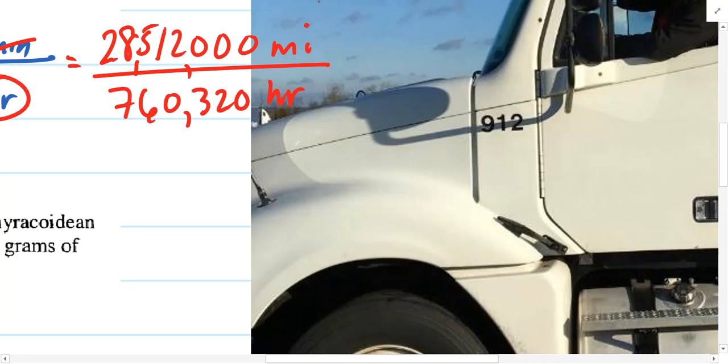What's interesting about this is that the rate of speed that we're going to reduce to is also equivalent to this large fraction. At the rate that Secretariat was running, he could travel 28 million miles in 760,000 hours.